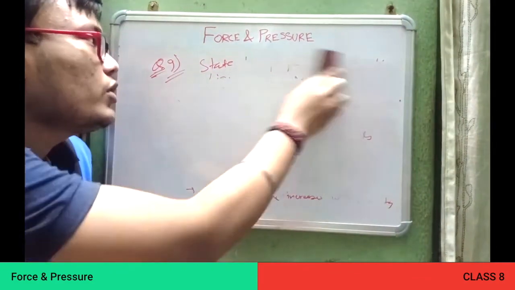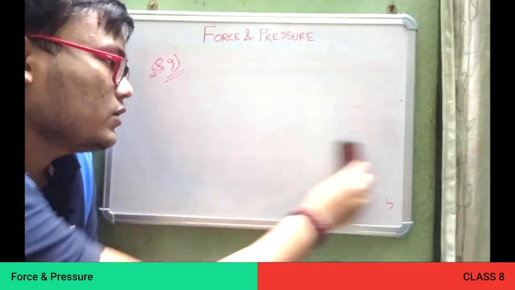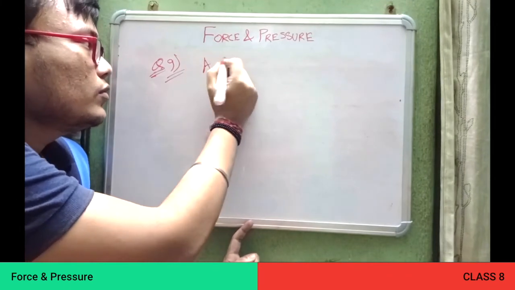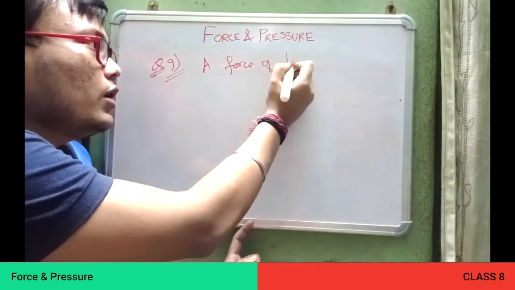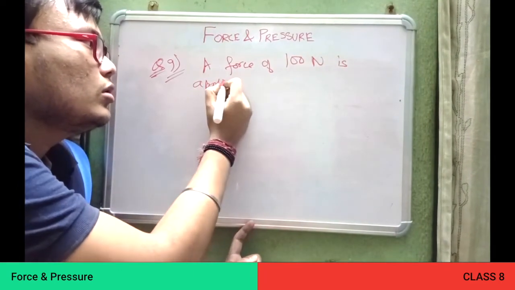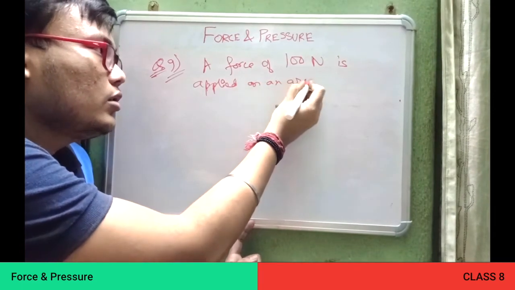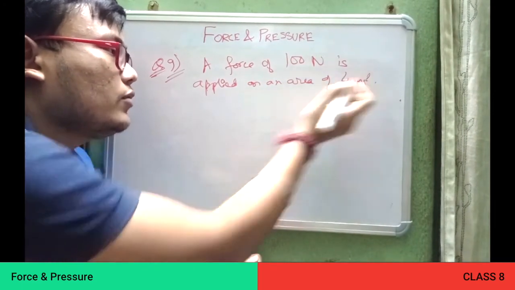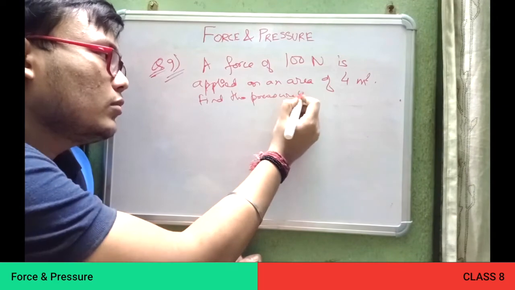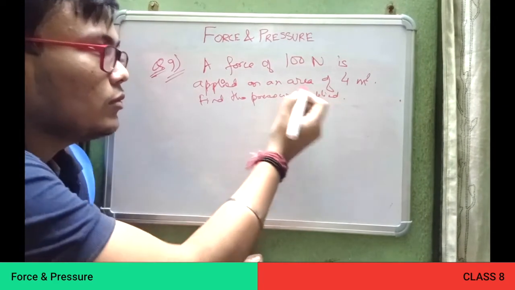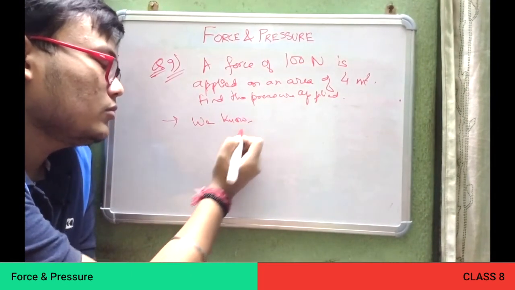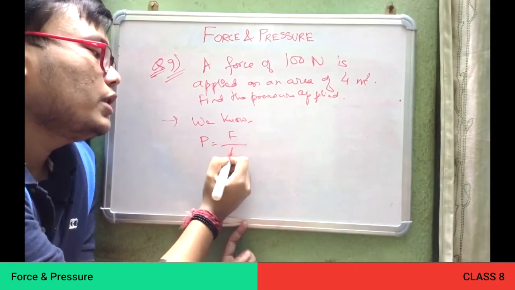And the last question, which is a numerical that is often asked: a force of 100 newtons is applied on an area of 4 meters square. Find the pressure applied. So we know pressure is equal to force per unit area.